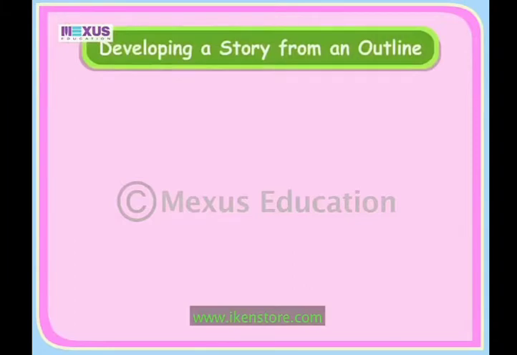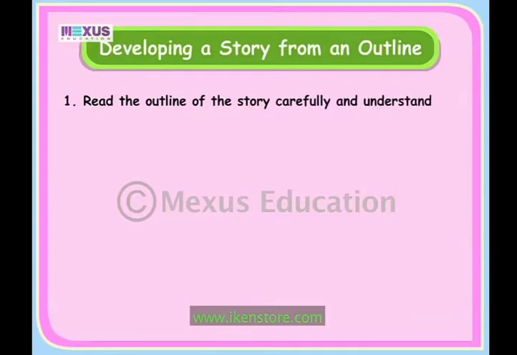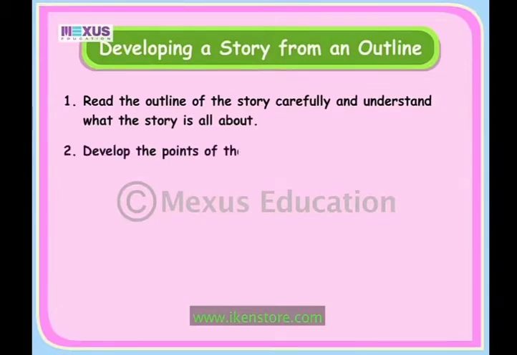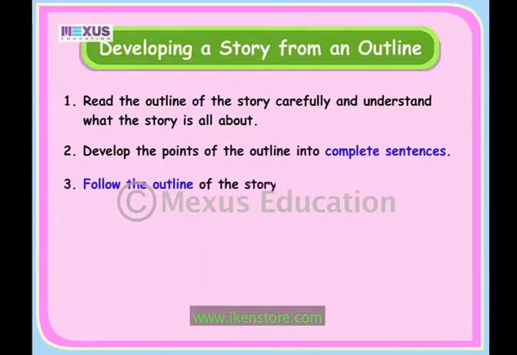Let me tell you the important points you should remember while writing a story. First, always read the outline of the story carefully and understand what the story is all about. The next step is to develop the points of the outline into complete sentences. Follow the outline of the story.